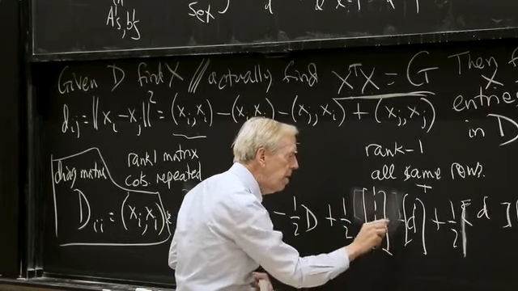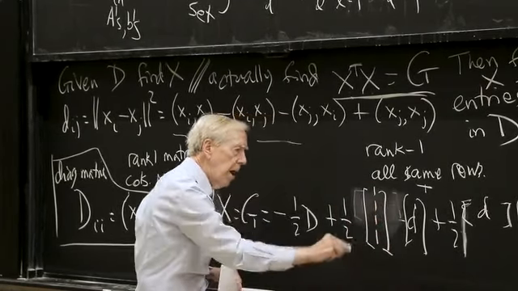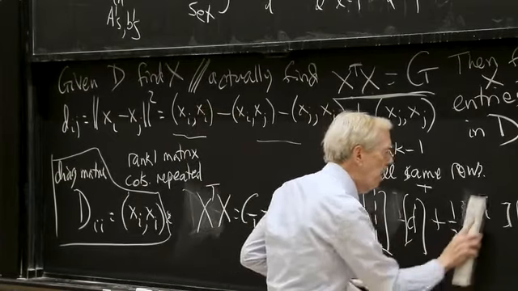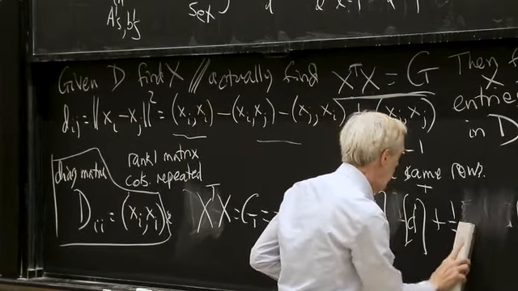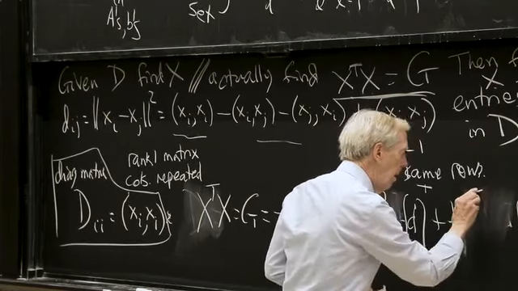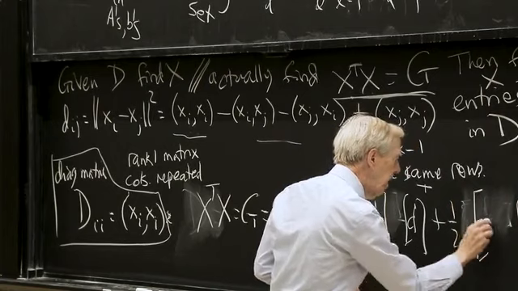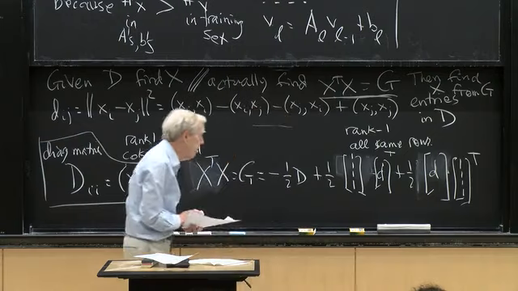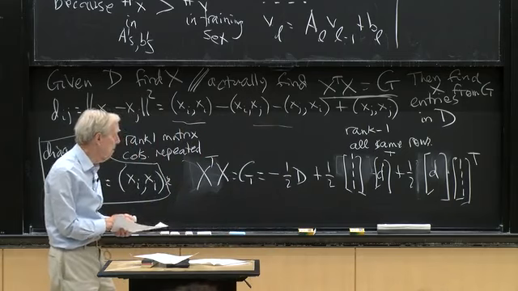One times D transpose. So it's column times row. And this one is also column times row with the D here. Okay, now let me look at that properly.